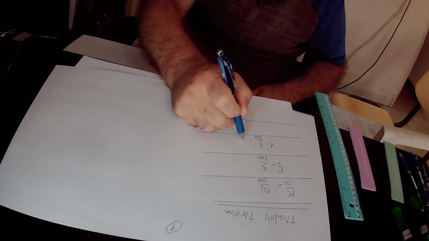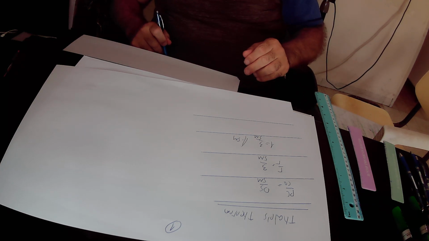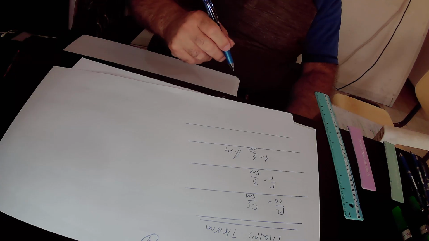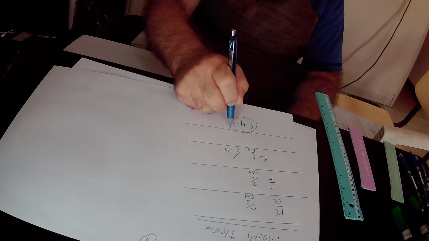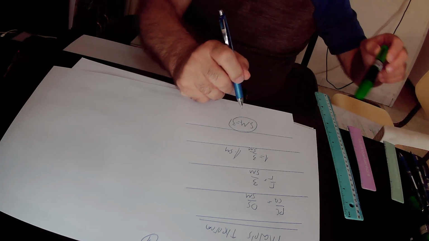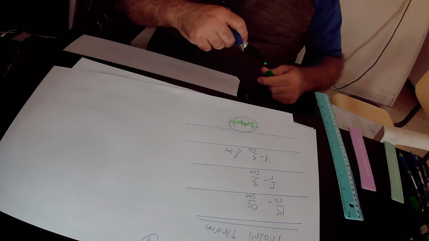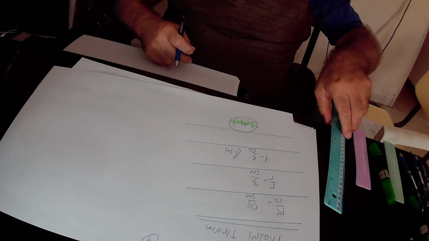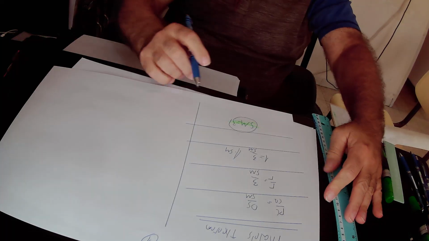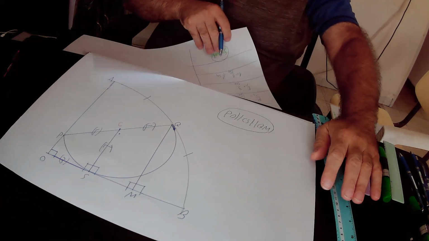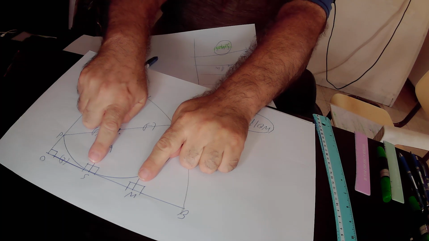Here we multiply this equation by SM. So we get that SM equals 3 units in its length. This line segment SM is equal to 3 units in its length.